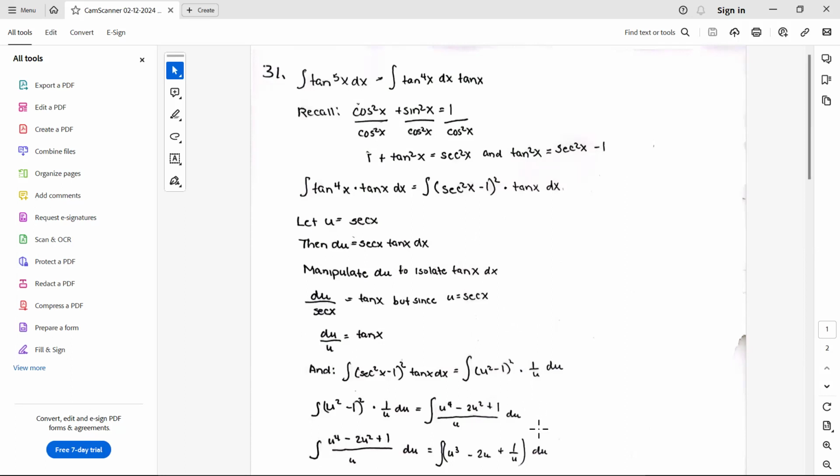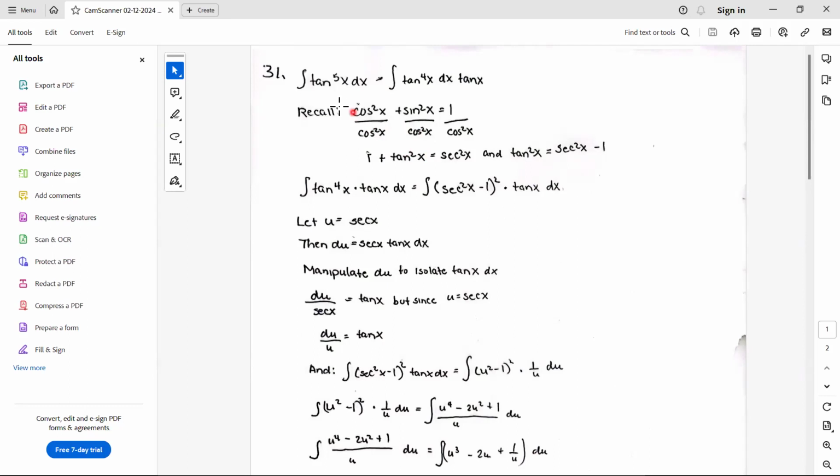If you have not, I would definitely memorize it as soon as possible because it's extremely useful and you can derive other identities with it. Anyway, if you divide the Pythagorean identity cosine squared x plus sine squared x equals 1 by cosine squared, you get 1 plus tangent squared is secant squared x. And that proves very useful to us here.